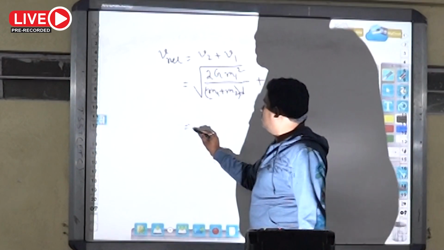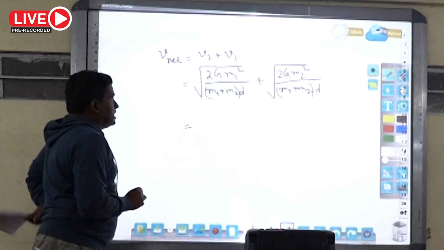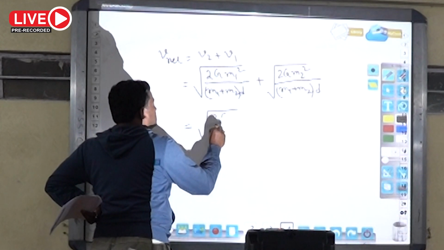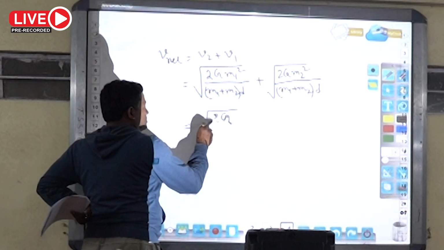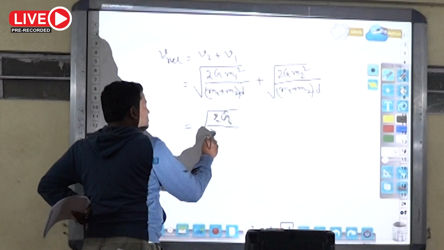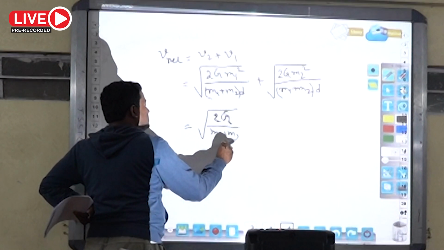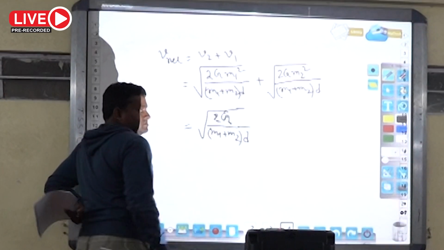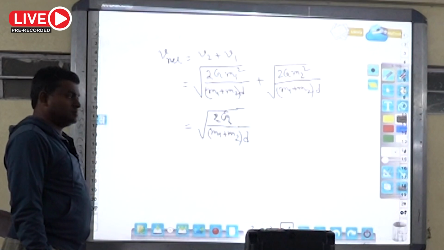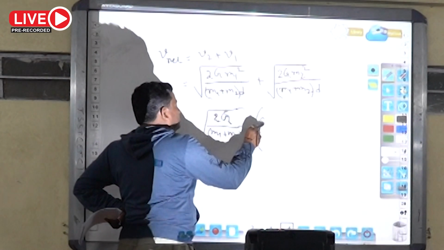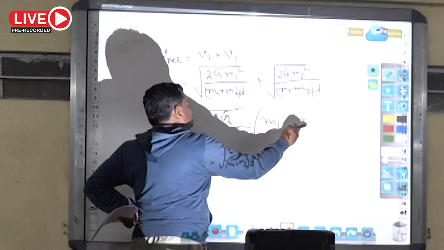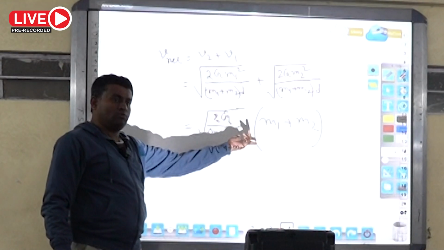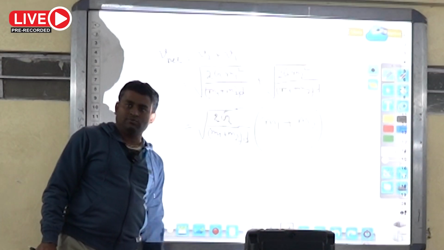Now from this I can take root over of 2G by M1 plus M2 into D common. So this term will be M1 plus M2, because this one is M1 square so its root will be M1, and M2 square will be M2.